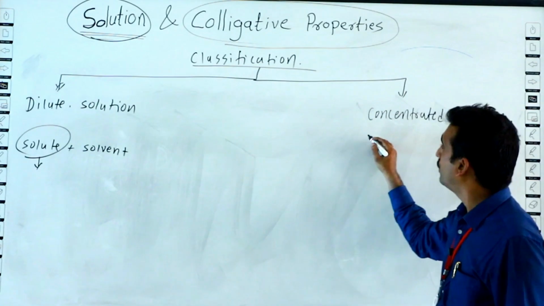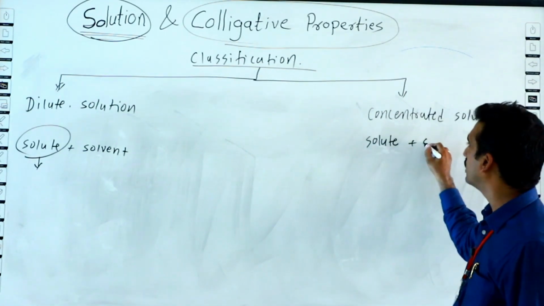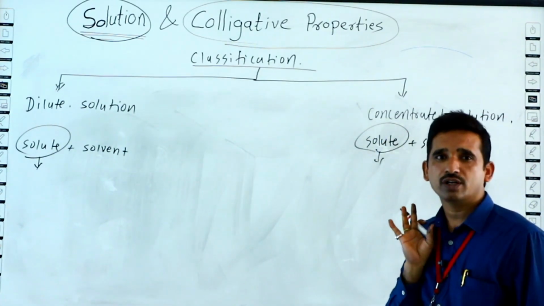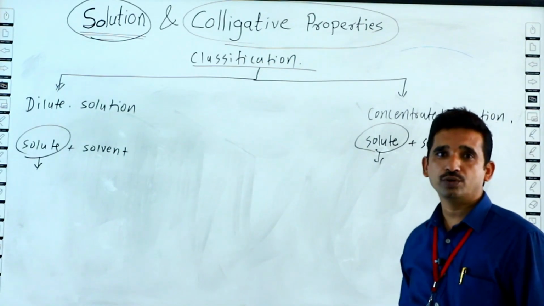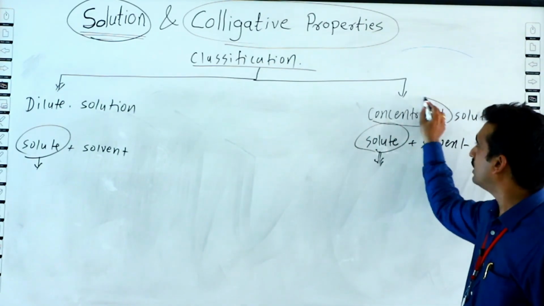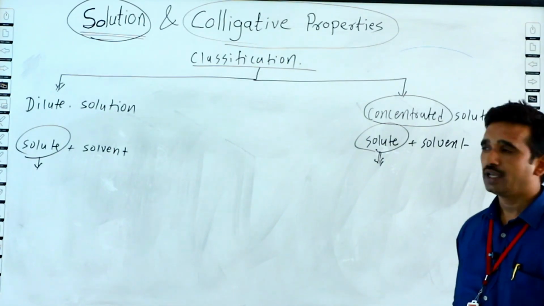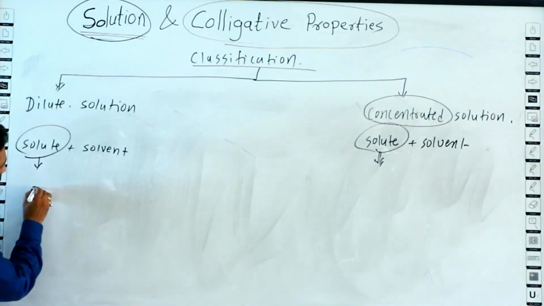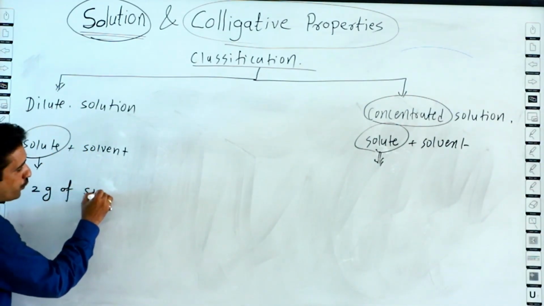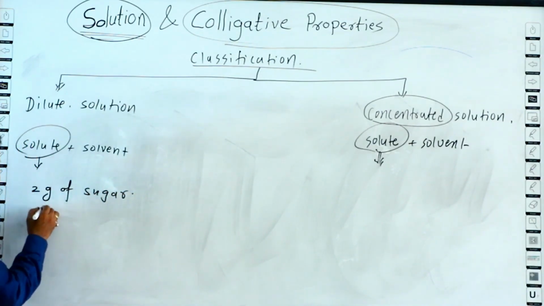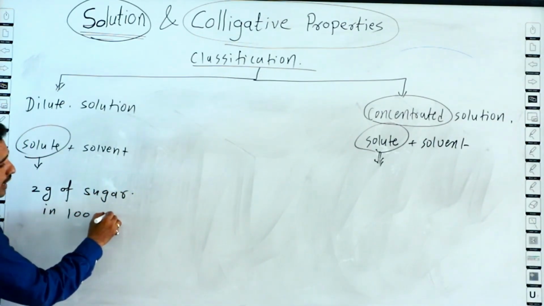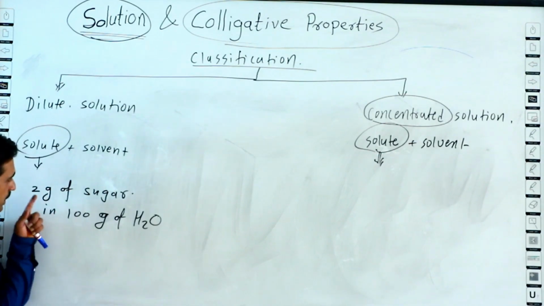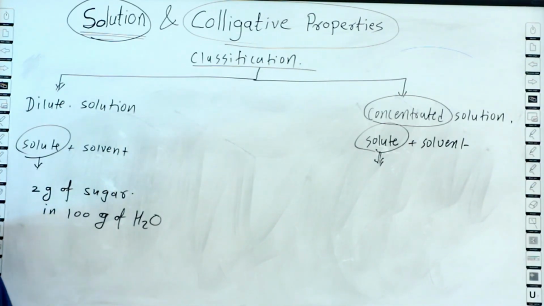And if this solute is present in more amount as compared to dilute, then this is called as a concentrated solution. Here the example is, if we add 2 gram of sugar in 100 gram of water, there is a formation of dilute solution.